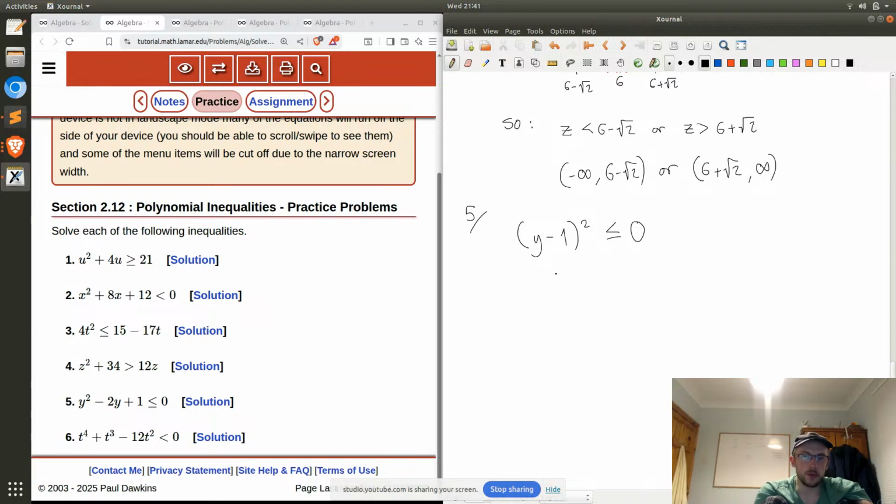So the roots to this, treating it as an equation in our minds, it has a double root, which is 1. Just 1. So what does one do in that situation? Right? Okay, you test.